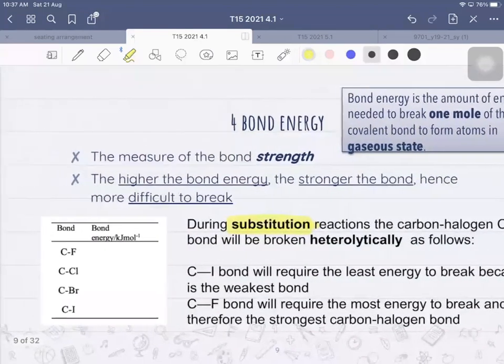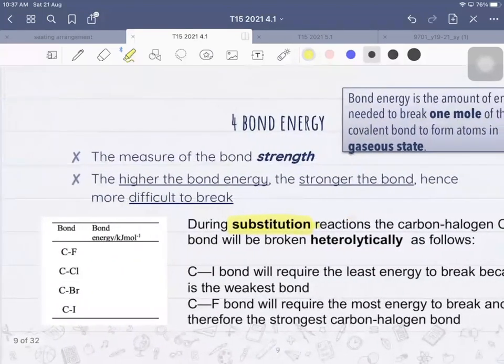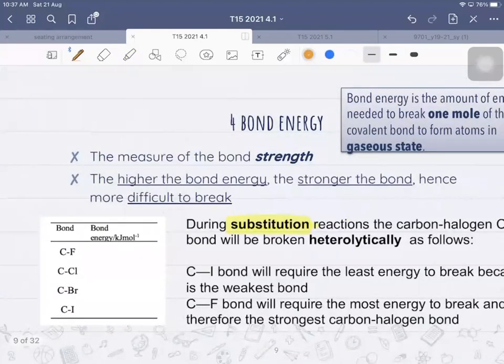If I just write down an equation quickly, say we use iodoethane to react with hydroxide ions, easier than water.